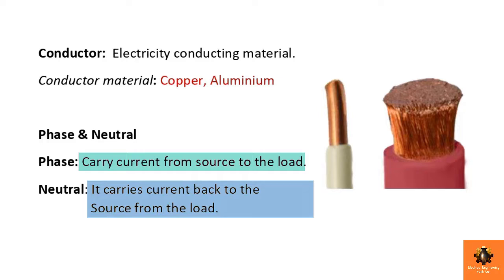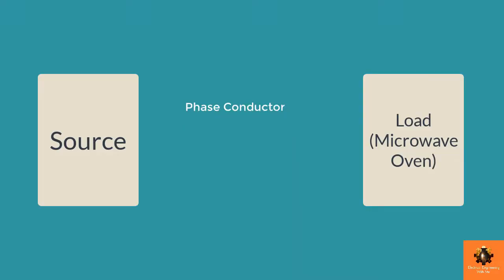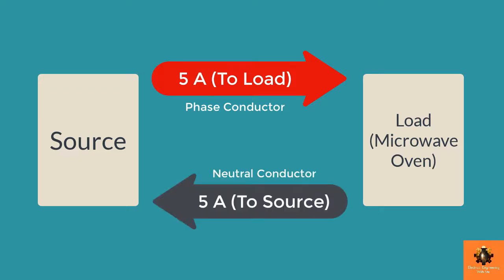For example, suppose you have a microwave in your home that takes 5 amperes of current. Then the phase conductor will carry this 5 amperes of current from the supply or source to the load, and the neutral conductor will carry this same current of 5 amperes back from the microwave oven to the source.